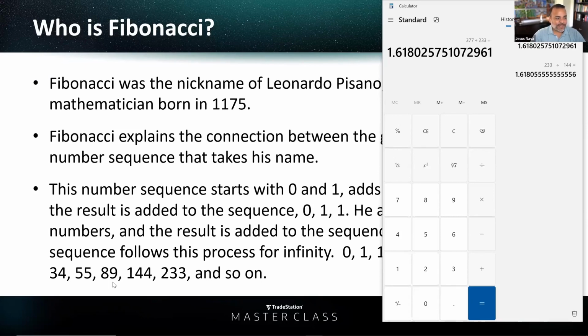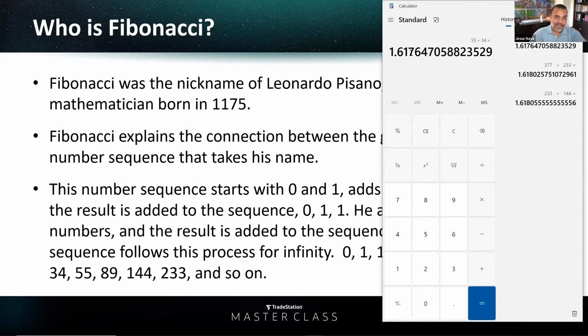For example, if I take the 55 and divide it by 34, you get something close, but not as close as if you were to grab a number later in the sequence. You get a 1.617. So that's a characteristic of the sequence.